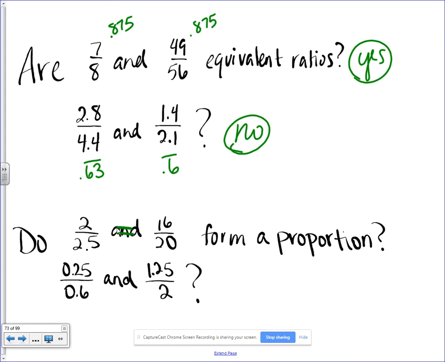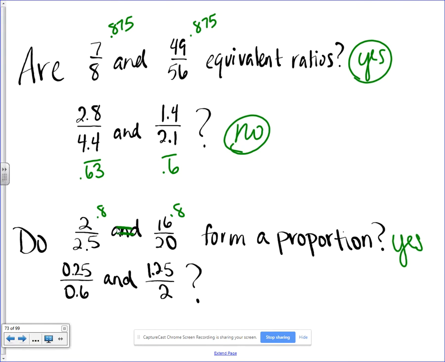They form a proportion. Or if I go ahead and do it as a proportion, 2 over 2.5 is equal to 16 over 20. When we have proportions, we can cross multiply to see if they are equivalent as well. So 2.5 times 16, that gives me 40.